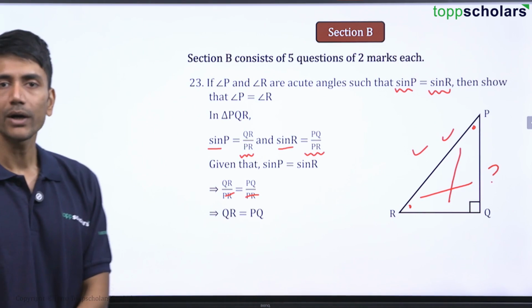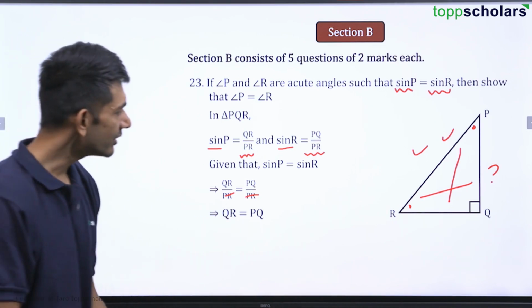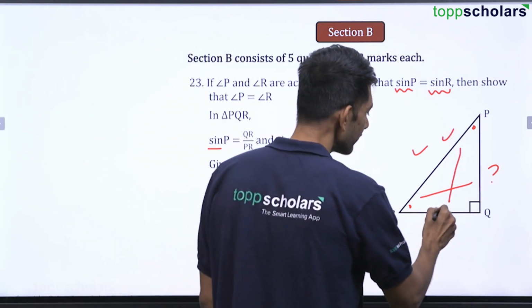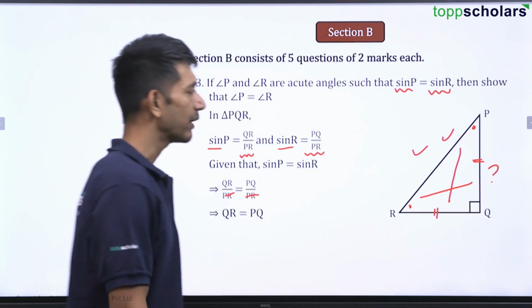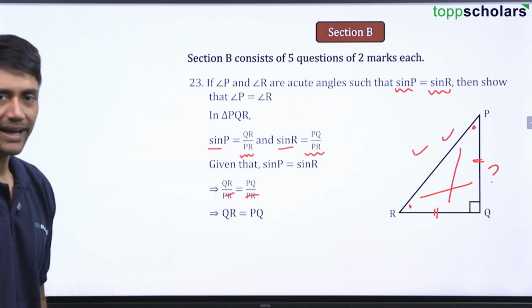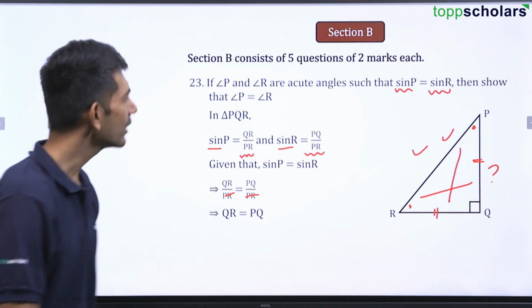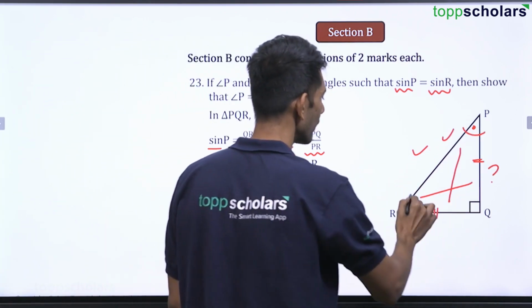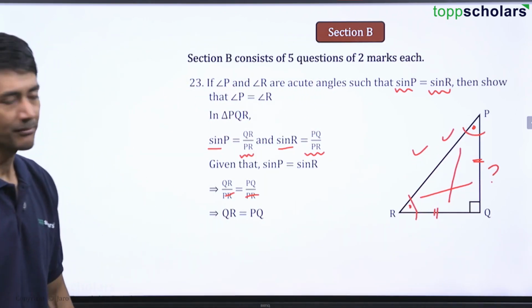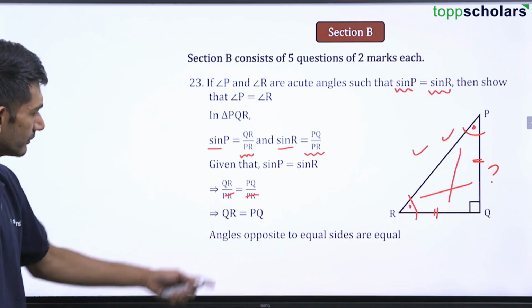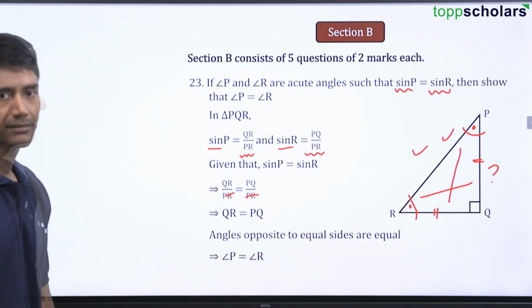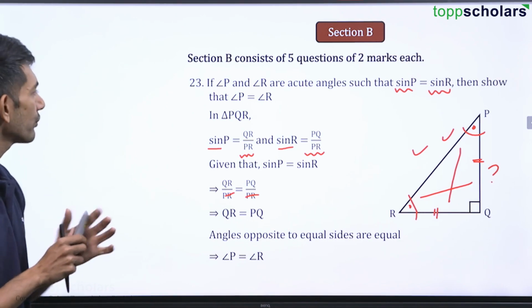Now once you get QR is equal to PQ, can I say that this triangle is an isosceles right angle triangle? And once you get this triangle as an isosceles right angle triangle, can I say the base angles are equal? Yes, that means angle P is equal to angle R. Correct? I hope this question is clear to all of you.